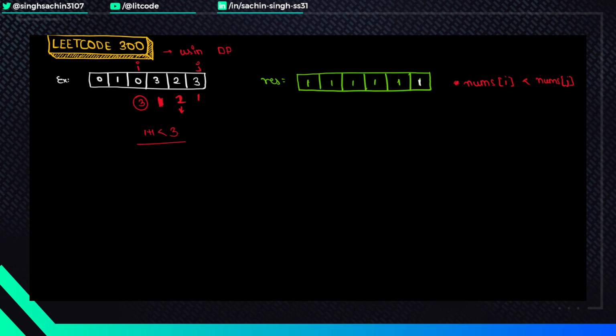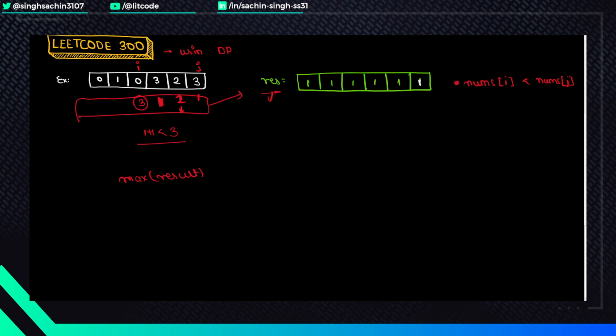Okay, so this is the process which we are going to follow for all the elements. And at the end, we will simply return the maximum of result, or res, and this is basically the DP array which we talked about. Okay, so let's check out the solution now.